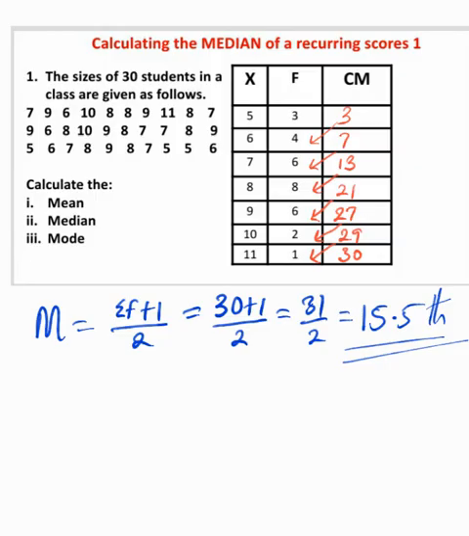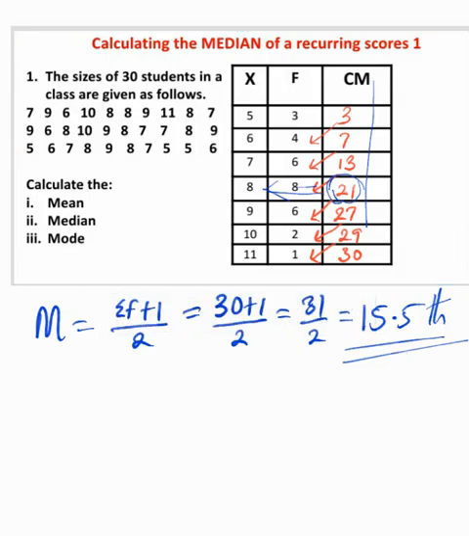We look at the column here where we have this position identified. 15 is more than 13 already, so it's within this row of the data given to us. So the median is going to give 8. You know that the position 15.5 is more than 13 already, so it is into 21.